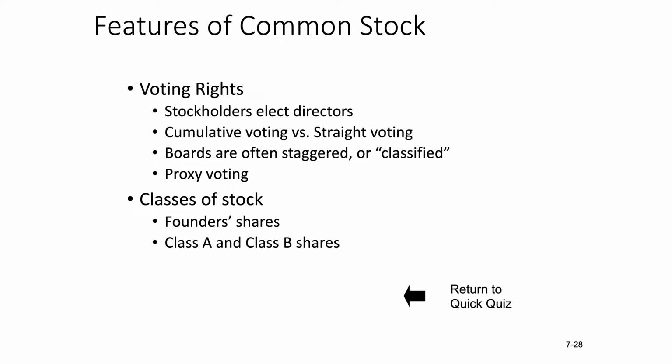You are the owner of the company, therefore stockholders can elect directors. Now, the voting right can be straight vote, or it can be cumulative vote. With cumulative vote, you can put all your votes on a single seat. That allows the minority shareholder to have some kind of voice on the board.